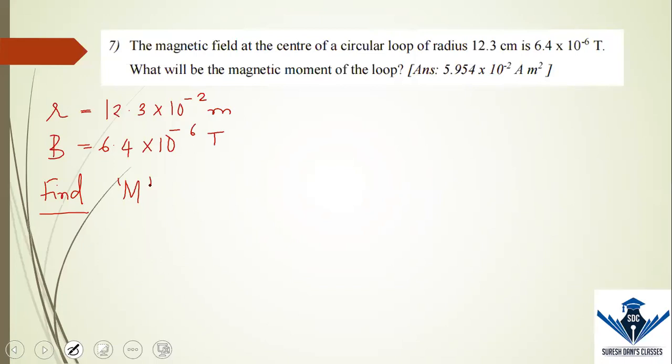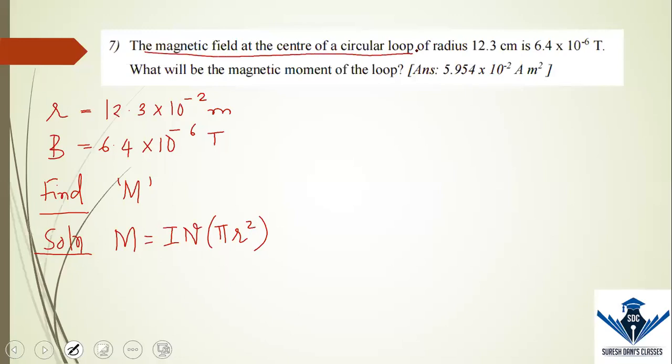Okay, so what we can do here is, we know that the moment is M equals I N A. So this is for a coil, so it is pi r square. And B is given to us for a circular coil. It's the magnetic field at the center of a circular loop. So we know the formula of magnetic field at the center.